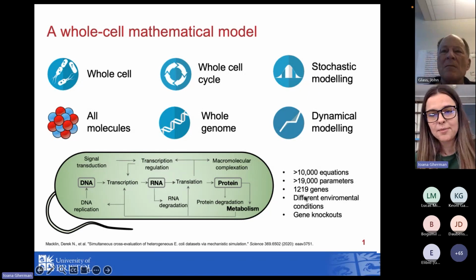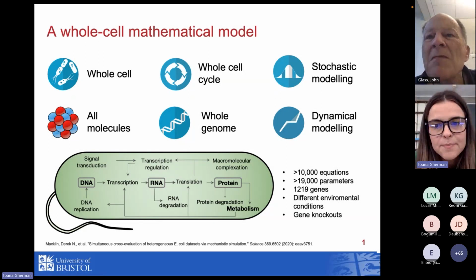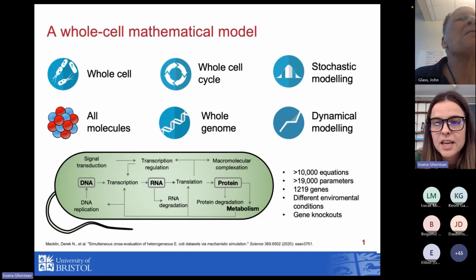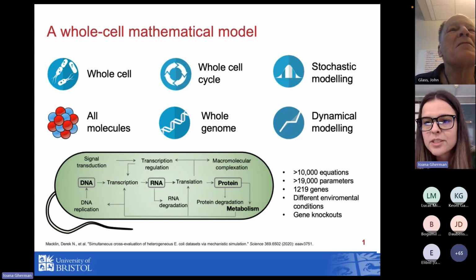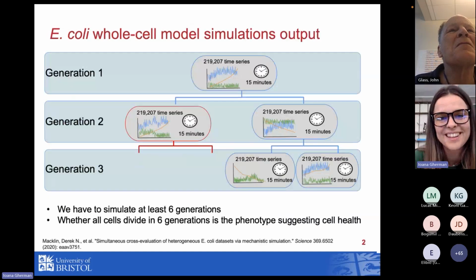The version that I'm using here describes the functionality of 1,219 genes. And we can simulate different environmental conditions. And what is really nice is that we can simulate gene knockouts, both single and multiple gene knockouts, which is quite important for our task.